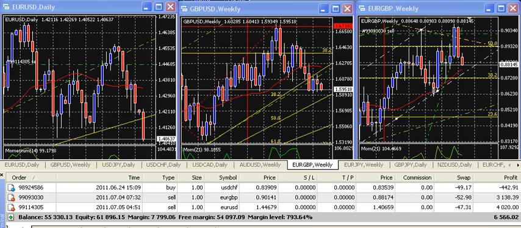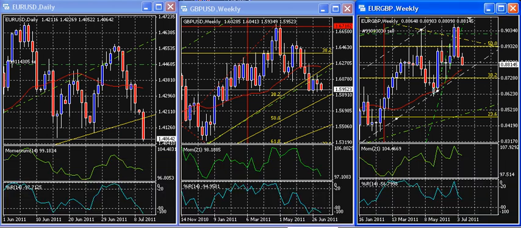Now, with that said, it looks like the continuation of the pound will be steadier with a wider range, and for the euro, its down movement is still in the making as of now.